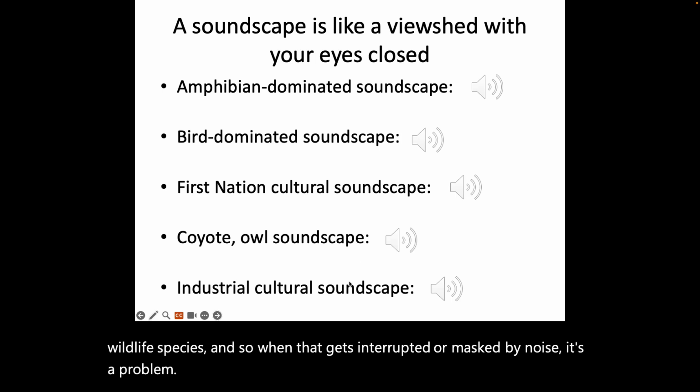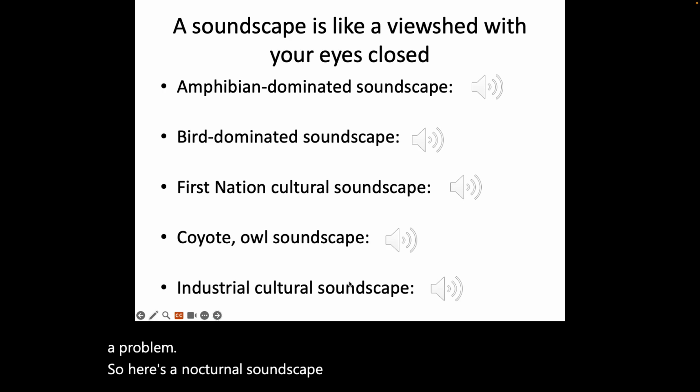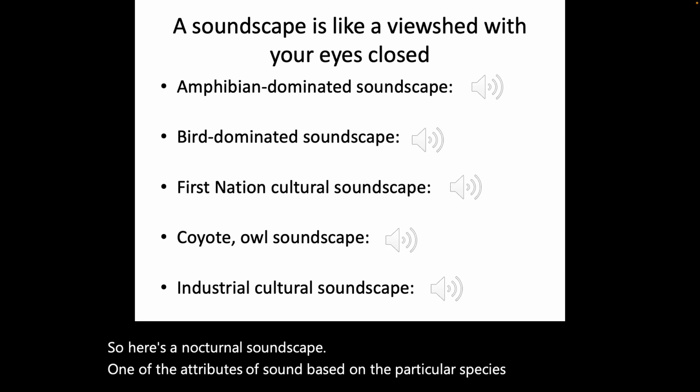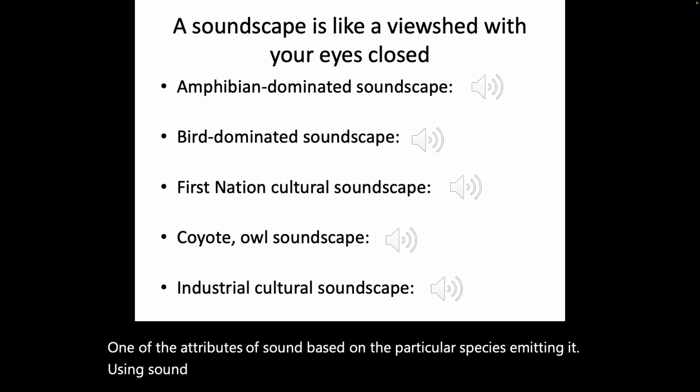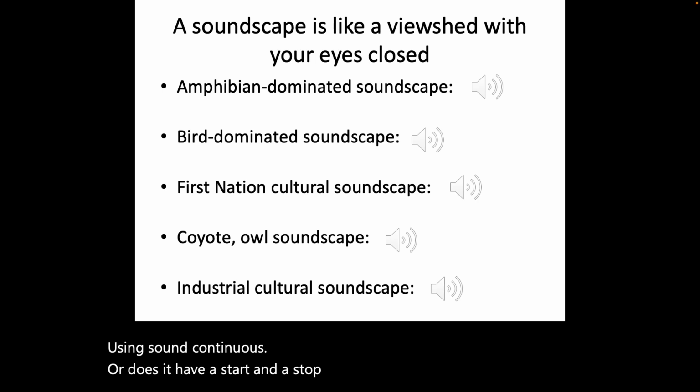Alright, so here's a nocturnal soundscape. One of the attributes of sound, based on the particular species emitting it, is: is the sound continuous? Or does it have a start and a stop, like those coyote calls?